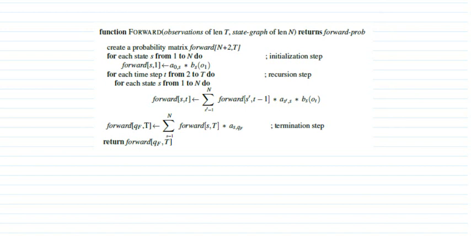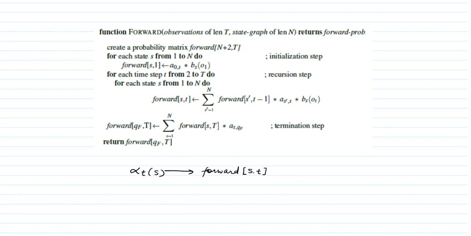Here we use the notation alpha_t(s) represented by the array forward[s, t]. This forward[s, t] is a two-dimensional array that stores the calculation of probabilities every time.